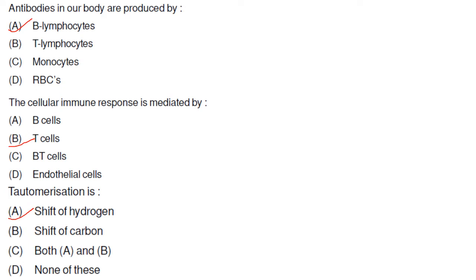Then the cellular immune response is mediated by T cells and humoral response is mediated by B lymphocytes. So the answer here is option B, that is T cell. Then tautomerization, it is the shift of hydrogen, not shift of carbon, it is shift of hydrogen. So answer is option A.